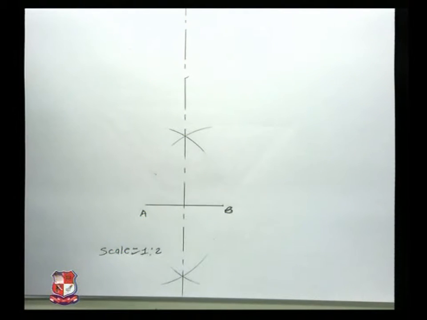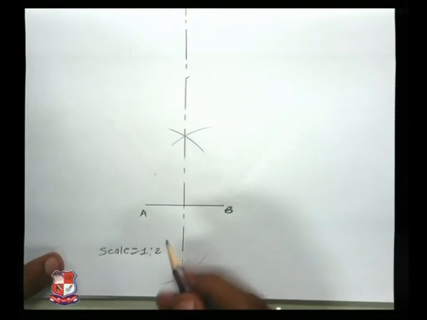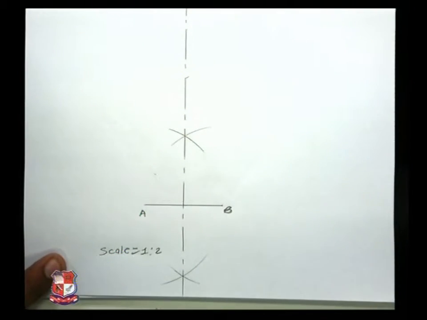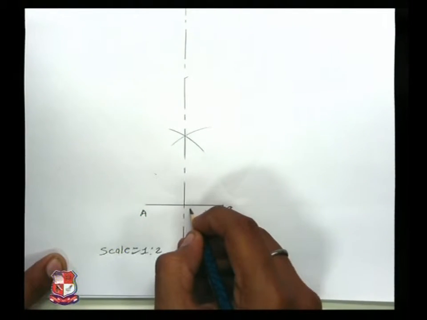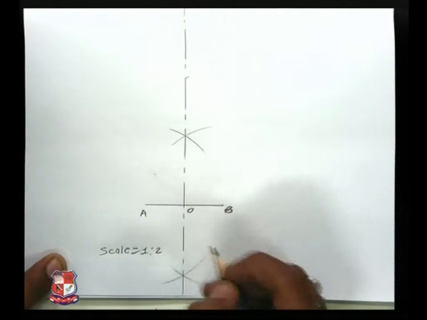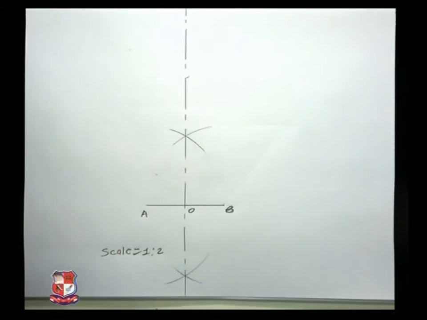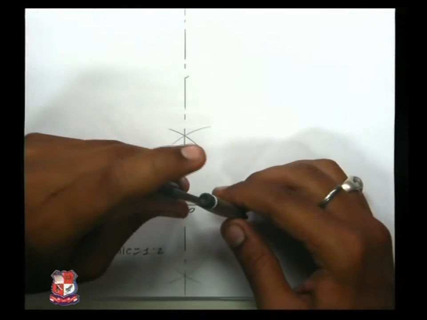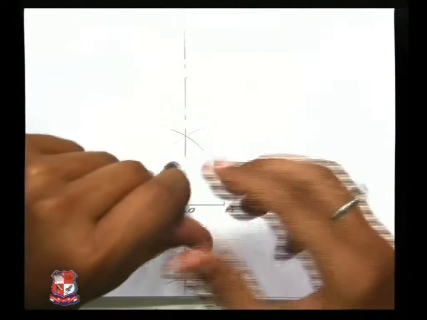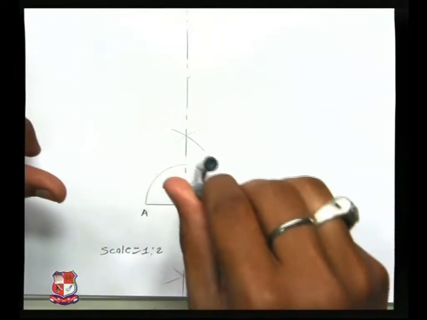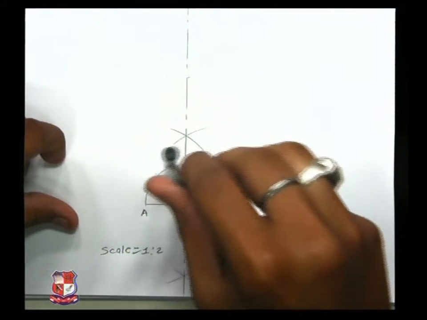Now this bisector line, where it intersects the line AB, would be called point O. Now taking point O as center, OB as radius, draw a circle, a semicircle rather.